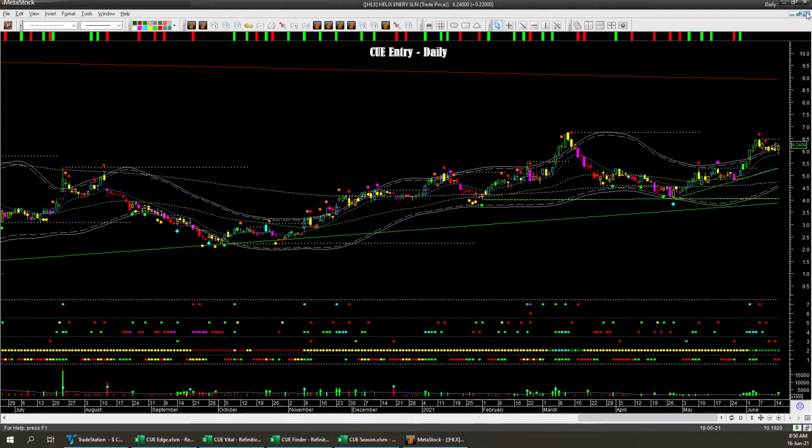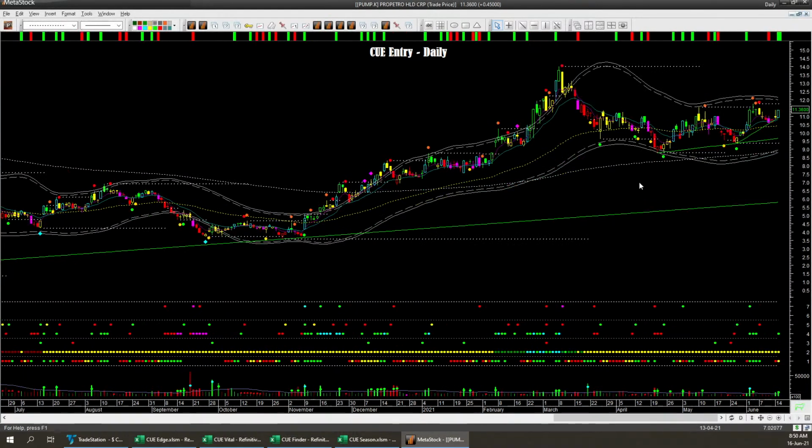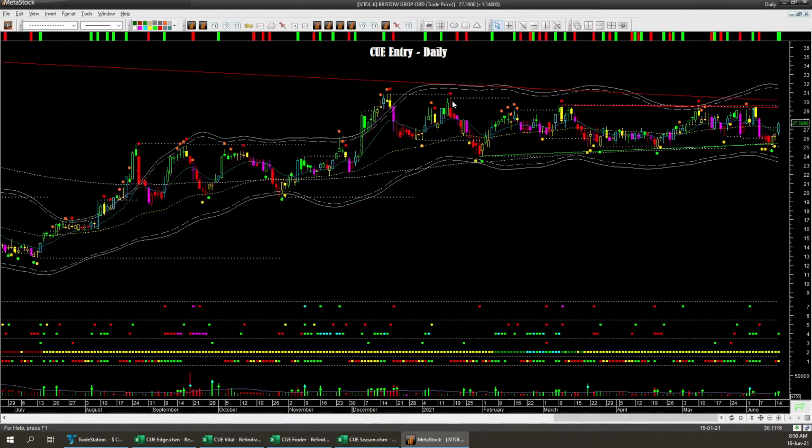In an uptrend, but not at a buy point. Pump, this is at a better buy point on the daily chart in my view, because it has created a higher low, nice trend line support, bullish flow. Let me keep this stock. I'll come back to that. Let me go through the remaining stocks quickly and keep only the stocks I see as interesting.